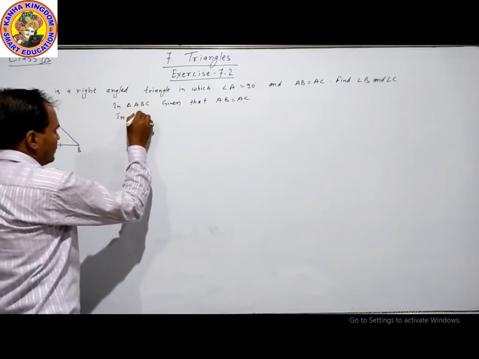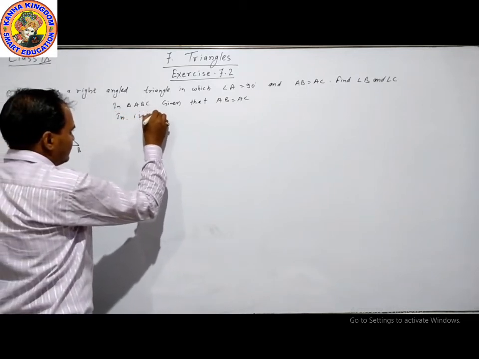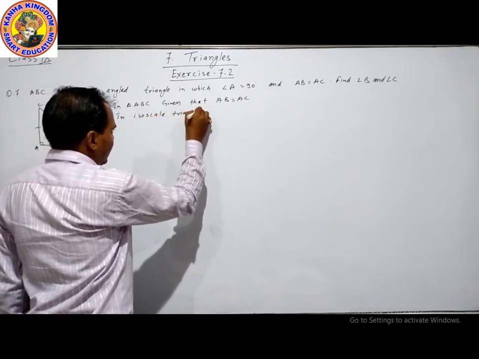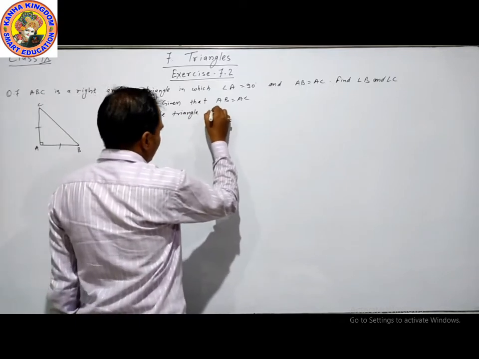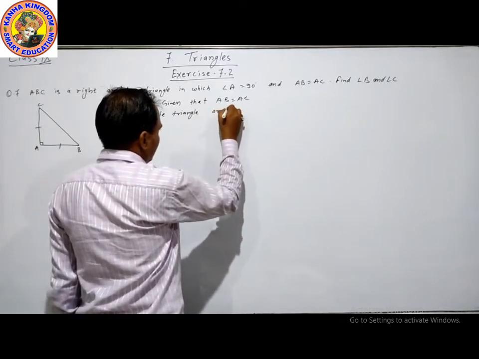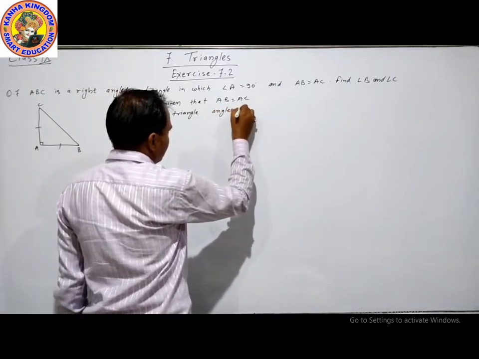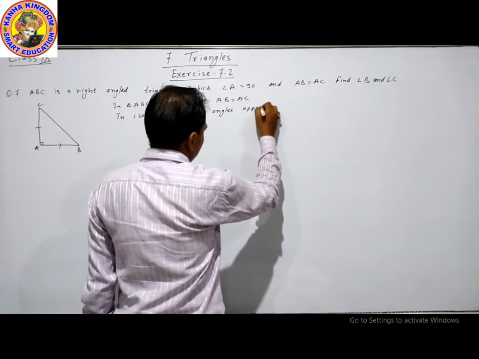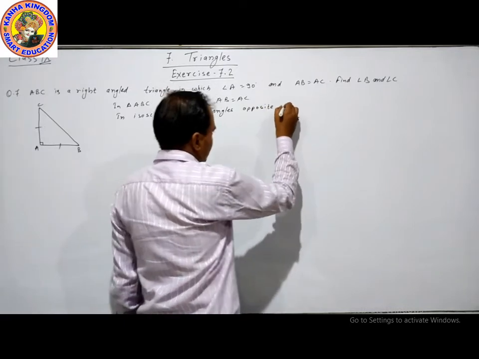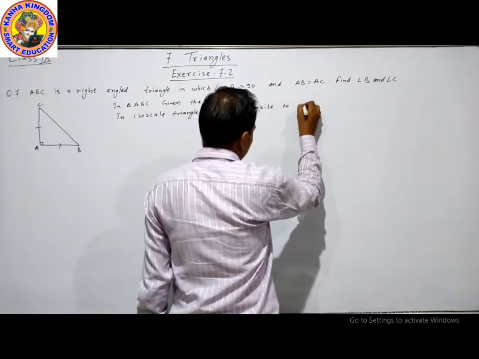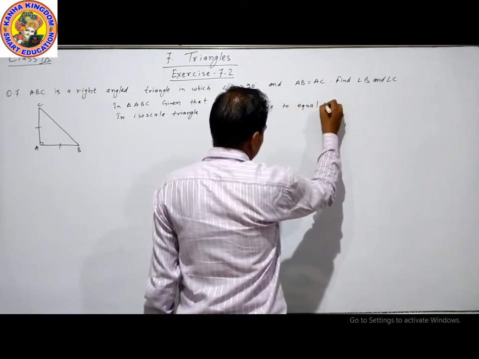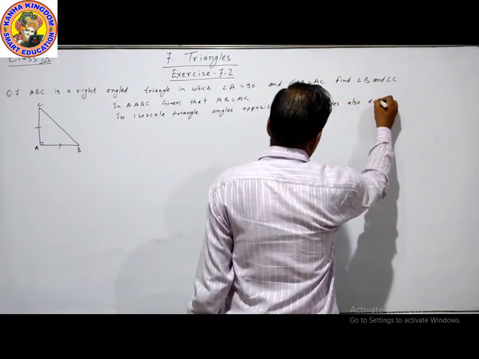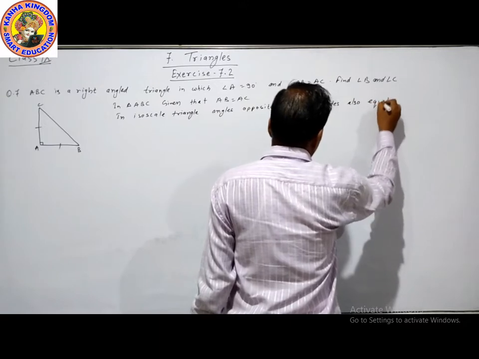in isosceles triangle, angles opposite to equal sides are also equal.